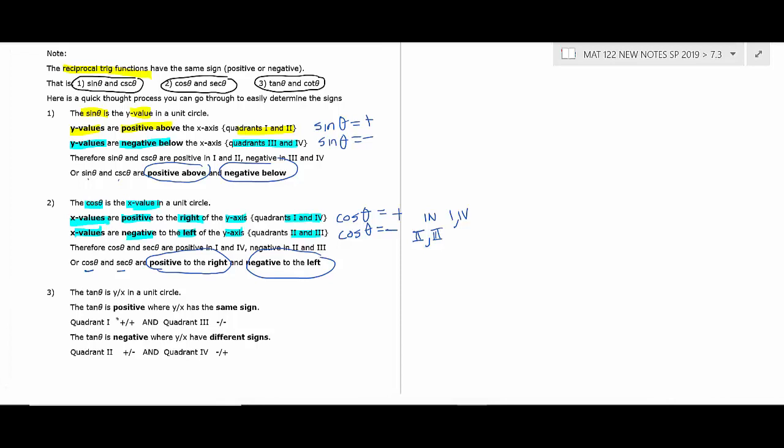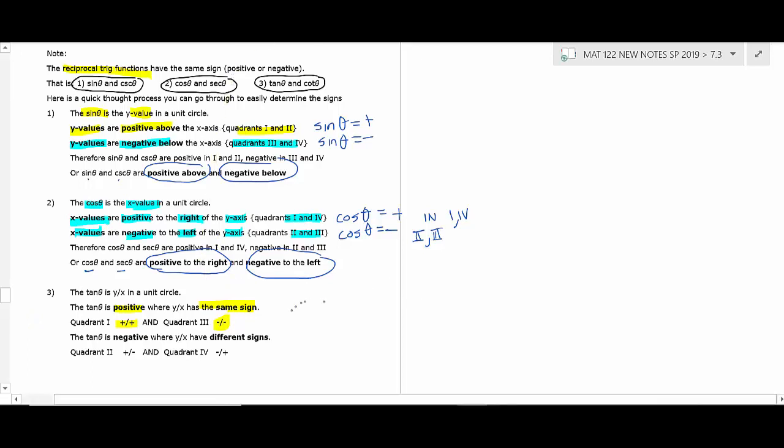Okay, so let's see. The tangent's y over x. So the tangent is going to be positive where x and y have the same sign. Okay, so notice that in quadrant 1 you have a positive over a positive for y over x, and you have a negative over a negative in quadrant 3. Okay, so you have the same sign, so it ends up being positive.